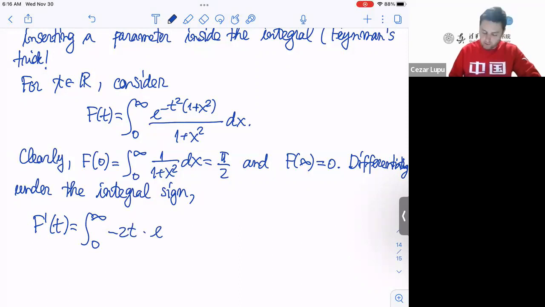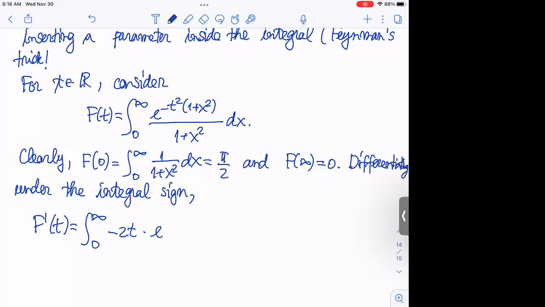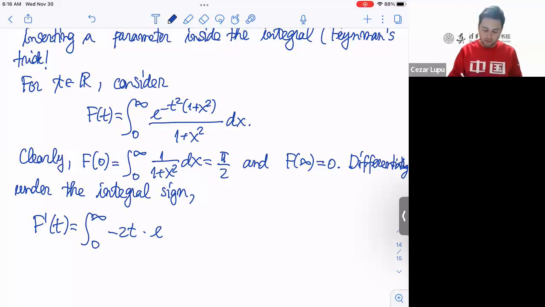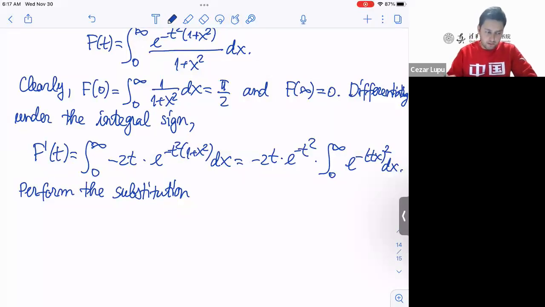Now I'm going to do a substitution: y equals tx, and of course dy will be t dx.